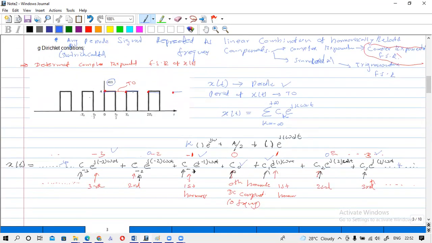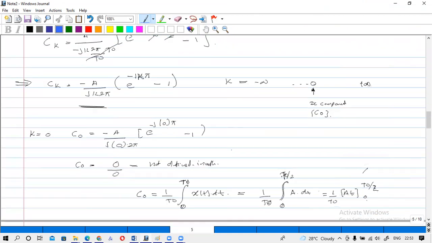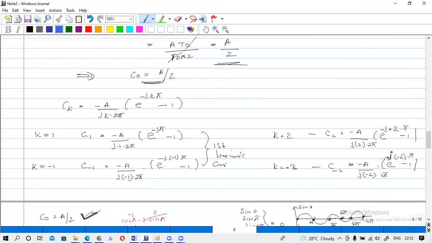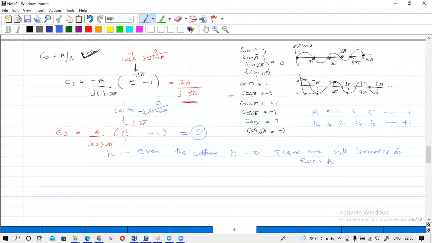You can see that we will have only odd harmonics, including zero: zero harmonic, first harmonic, third harmonic, and so on. But we have proved that the even harmonics are not there. Can you remember? Yeah, here.